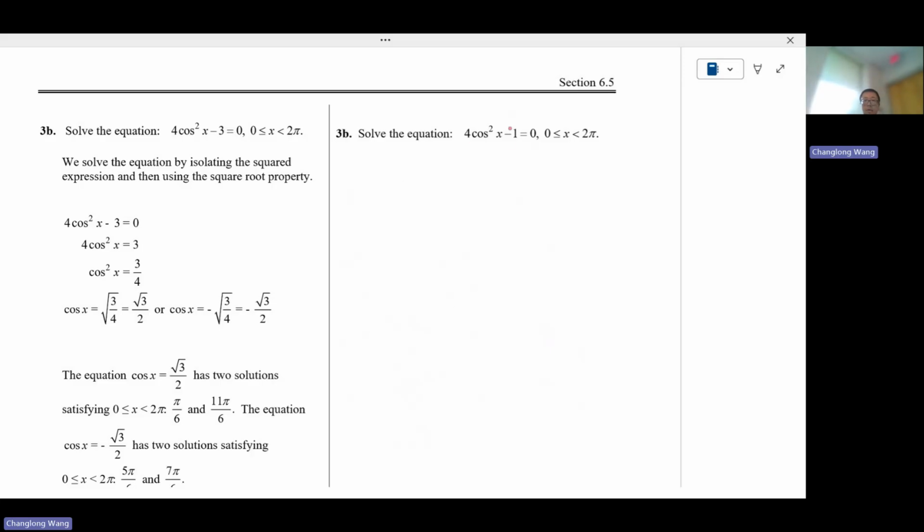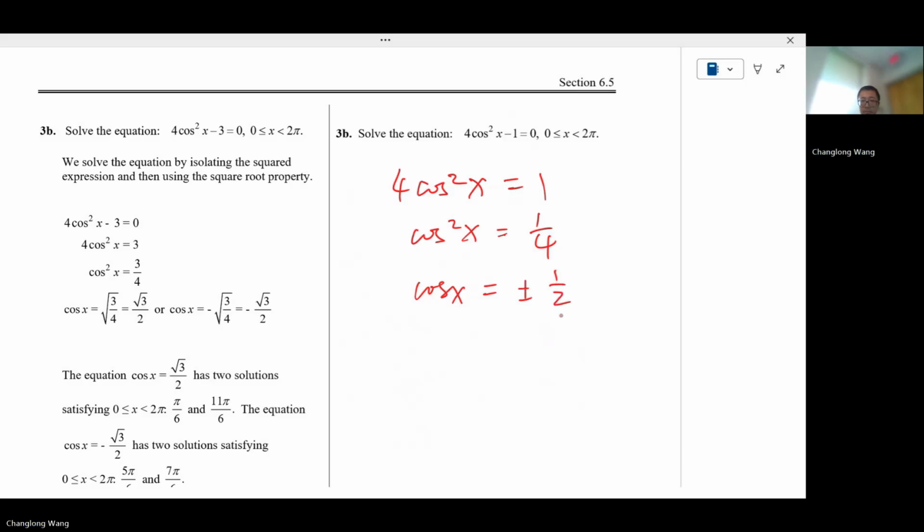So you would isolate the cosine x, but you have to do that first by isolating the 4 cosine squared x, which is 1. So you divide out the 4. So cosine squared x will be 1/4. To get just the cosine x, you will take the square root, right? And don't forget the plus or minus.